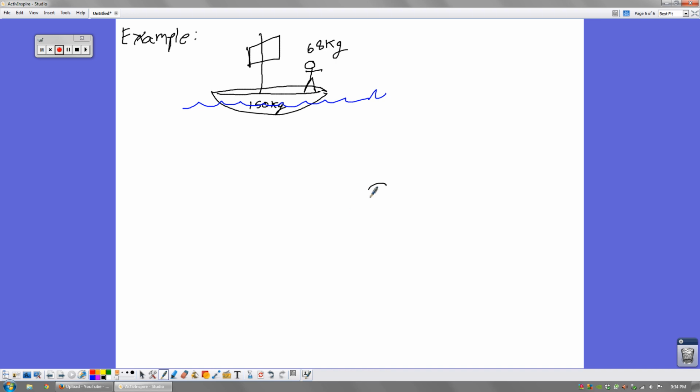So here's Mr. Saslow jumping off the boat. And here's his boat over here doing something else.